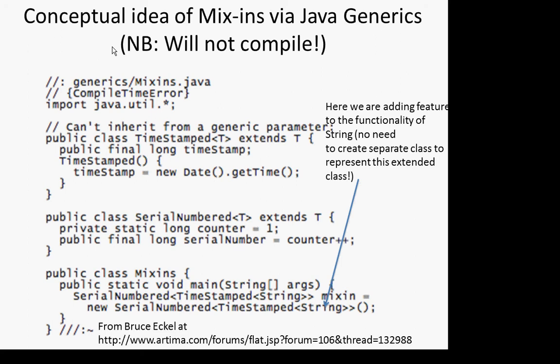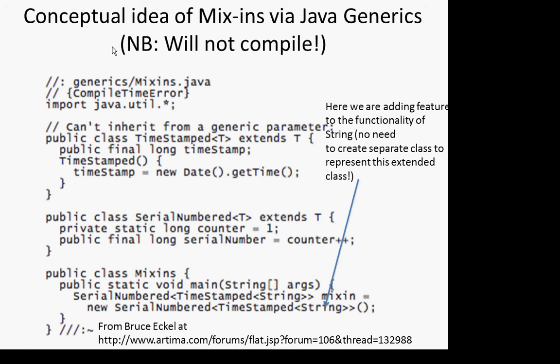So it records when it was created. Okay. So we could have a timestamped string, and that would be a string. It has all the features of string, but it's timestamped. It has this extra little bit of functionality with it.